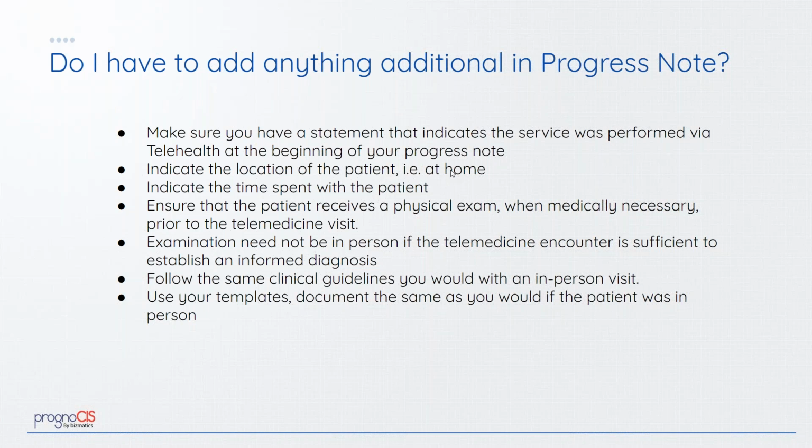Indicate the time spent with the patient at the bottom of the progress note when you're complete. And then document the physical exam. If the patient is examining themselves, you would just document that. If you're having them do their range of motion, you would document what the patient was doing.